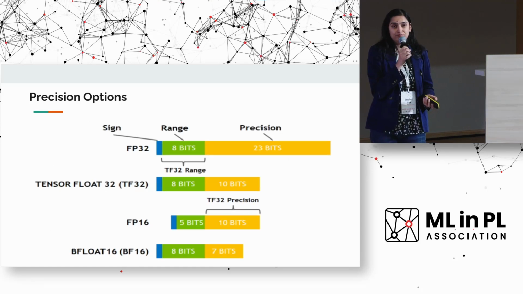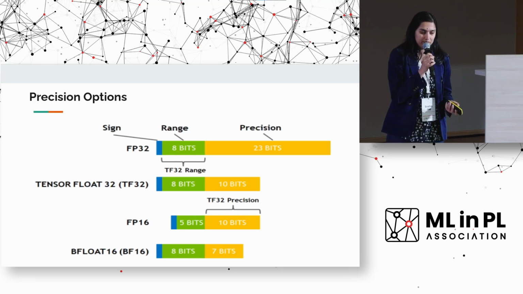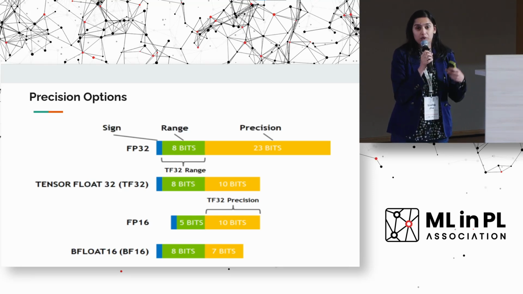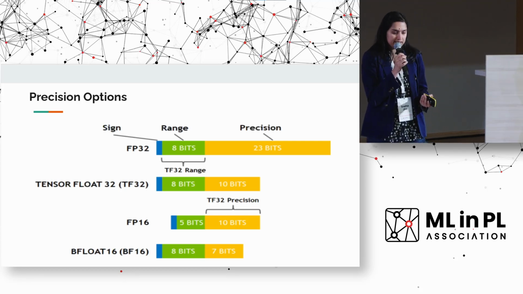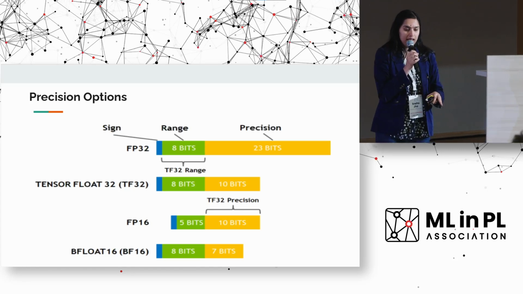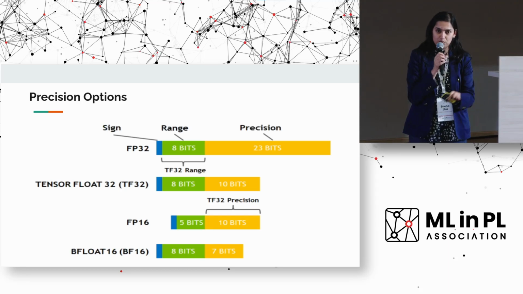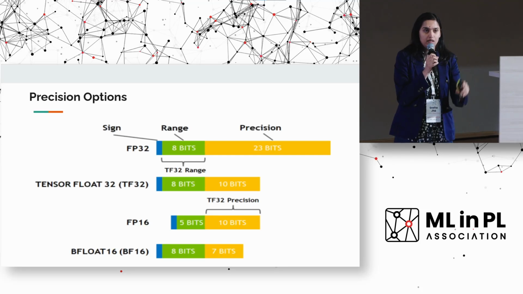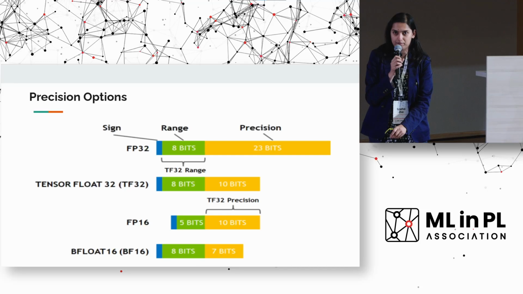If you have fancy hardware, NVIDIA has come up with newer kinds of floating point precision data types, like BF16 or even TF32. And the green and the yellow bits, again, are the dynamic range and the precision here. As you can see, the trade-off is between the range of values you can represent and how precise you're going to be.